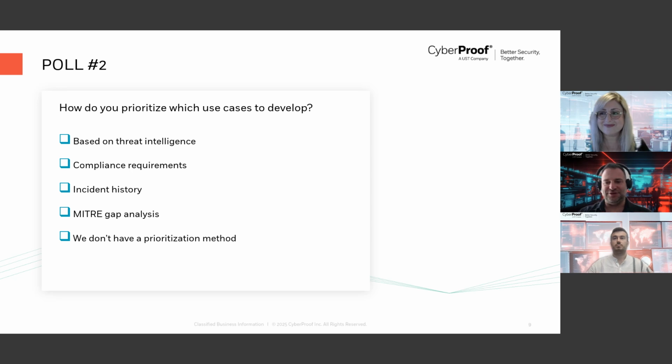So 50% of our audience is saying that they prioritize development of the use cases based on threat intelligence. And personally, I really like this approach. While, which is interesting, and I appreciate your being honest with us, 25% of the audience is saying that they don't have a prioritization method.